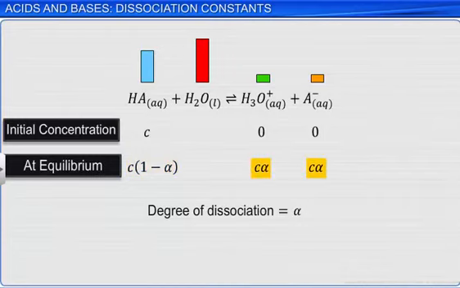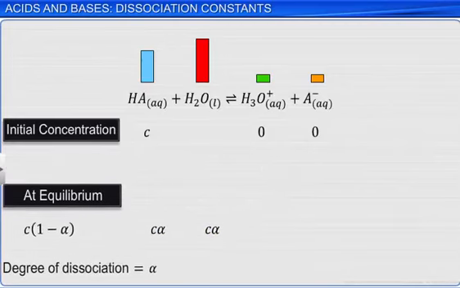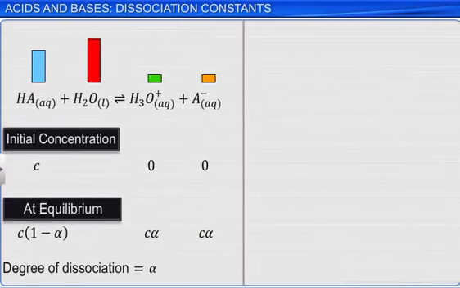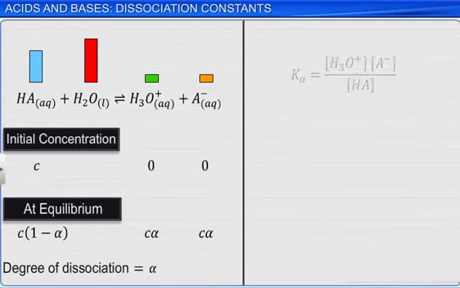The dissociation constant Ka for this dissociation equilibrium can be written as Ka equals the product of concentration of H3O+ and A− ions divided by concentration of HA.